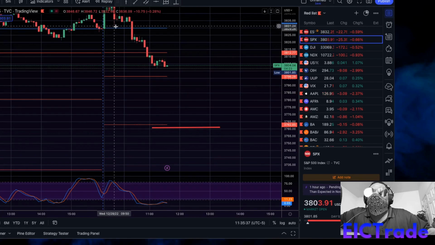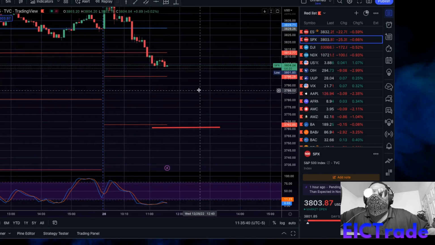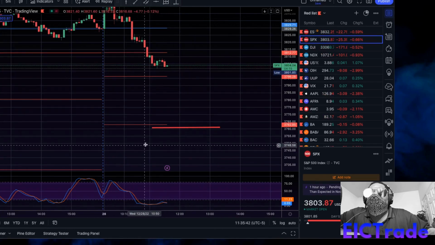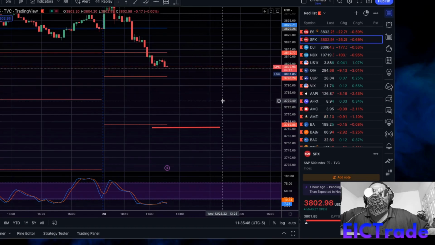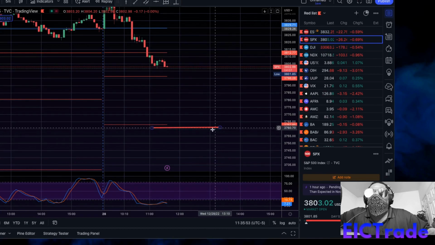You have to think of theta as kind of like a cone: the closer you get to the end of the day, the more of this premium it's going to eat up down here. So even later in the day, if the market is down to like 37.85 or something, there still might not be a trade below R3 because theta is eating up so much of the day.